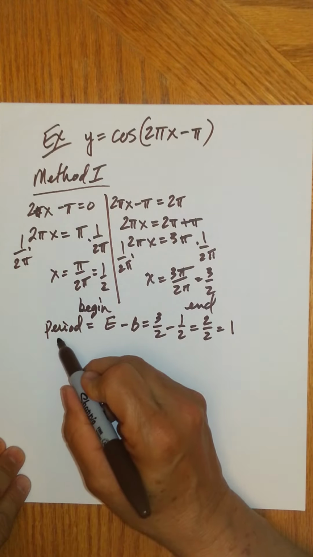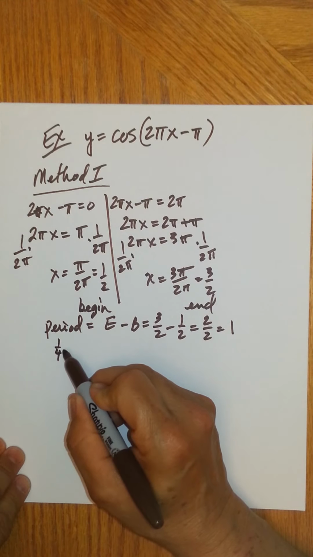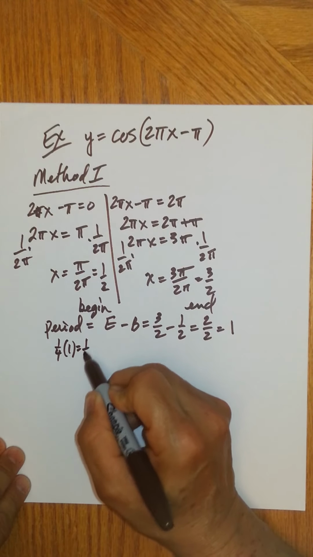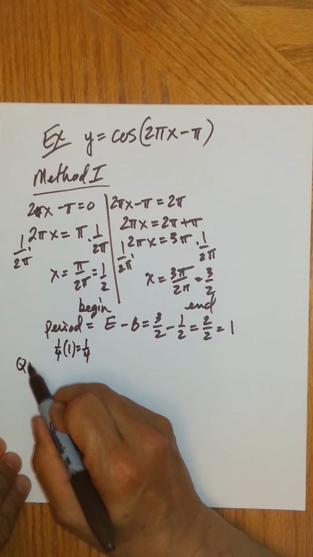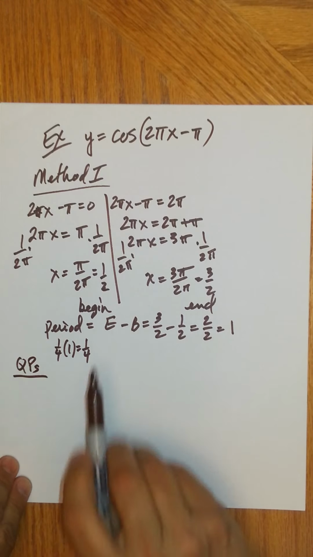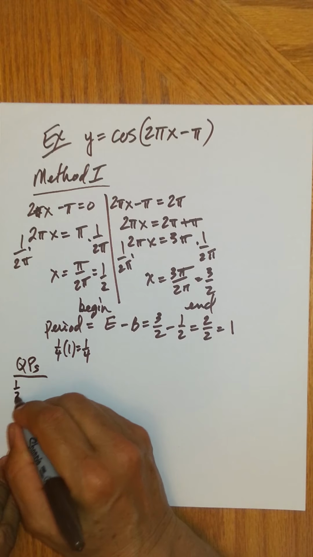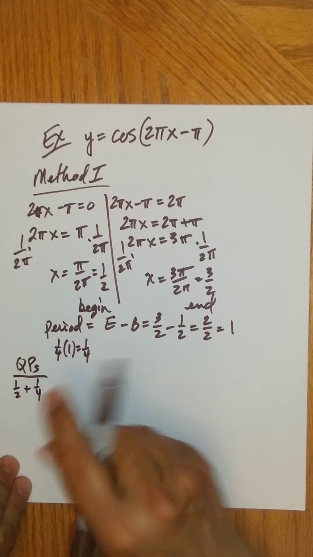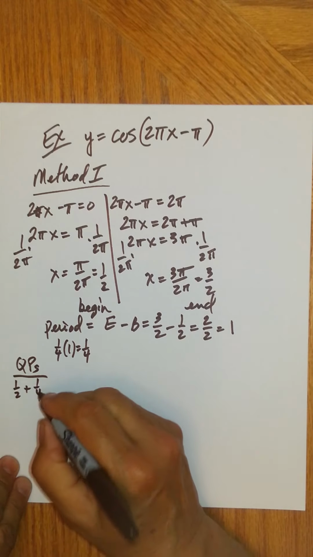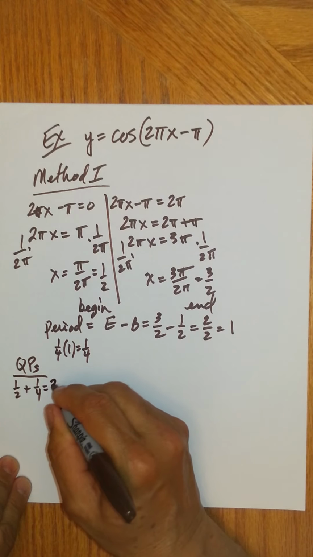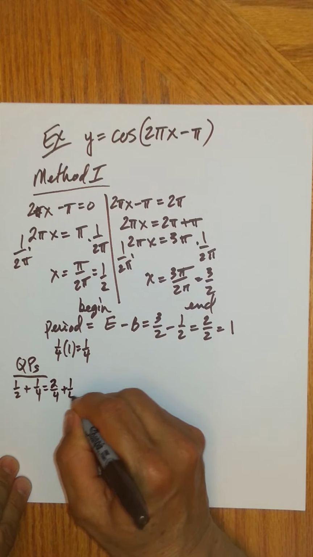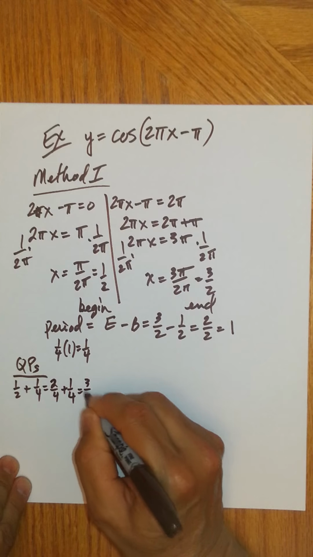So 1/4 of 1 is 1/4. So to find my quarter points, I would start at 1/2 and add 1/4 of the period, or 1/4. But that's 2/4 plus 1/4, so that's 3/4.